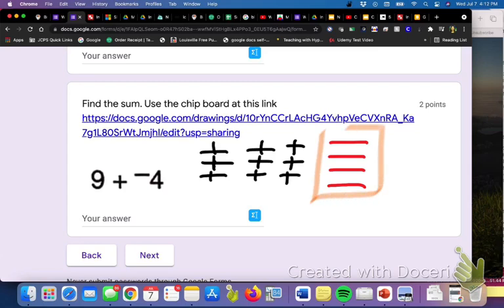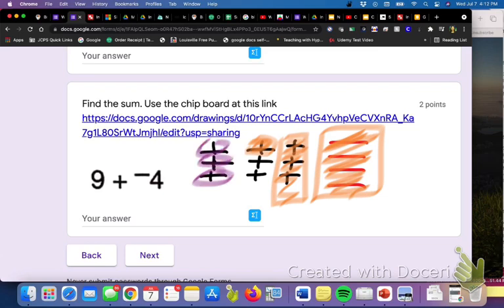So these 4 negatives will cancel out 4 of those positives. And what is going to be left over? We've got 1, 2, 3, 4, 5 positives. So positive 9 plus negative 4 is going to give you a positive 5.